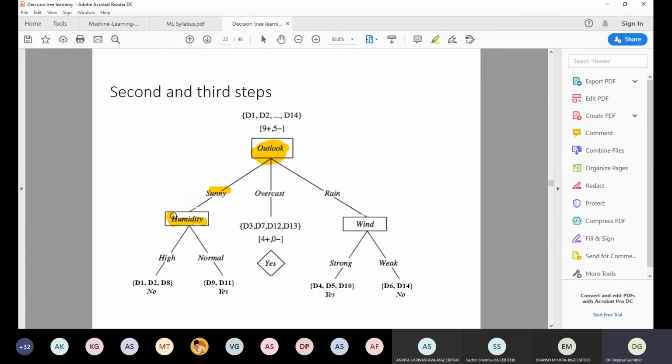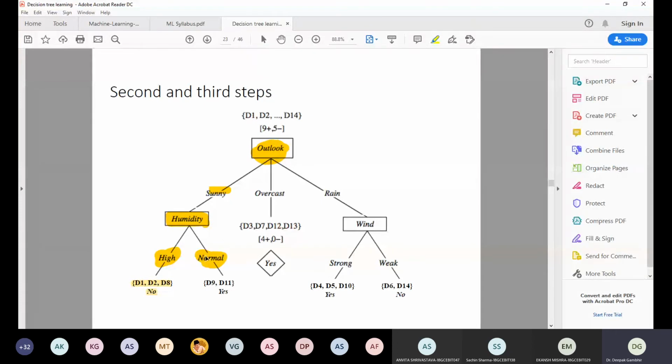We have found that this node would come out to be humidity. Humidity we check. There are two outputs, one is high, another one is normal. If you consider high, then you will check there is the node in which there are 3 minus and 0 plus, so that will become a leaf node now. So the output is no in that case.